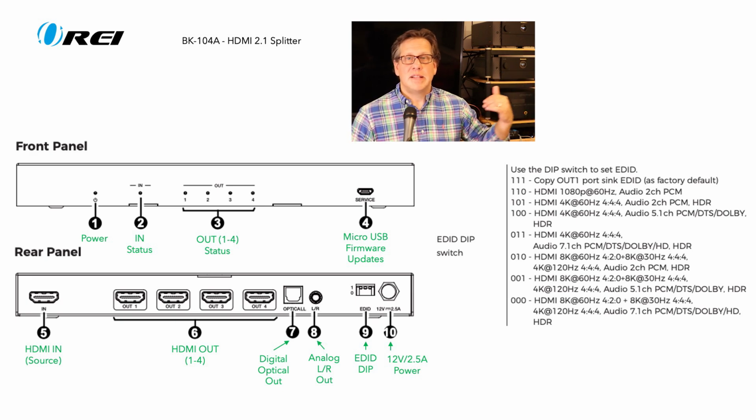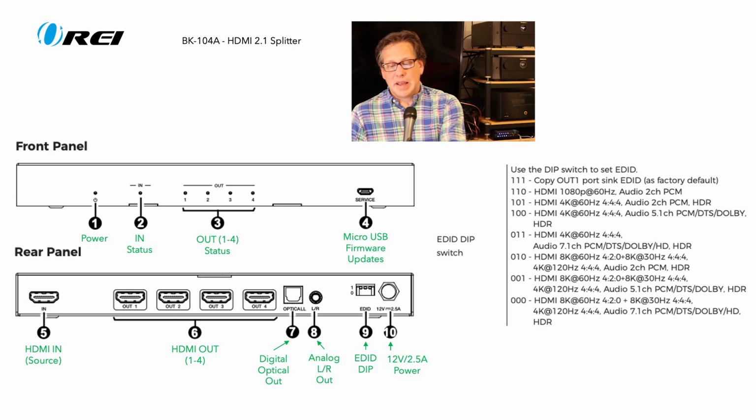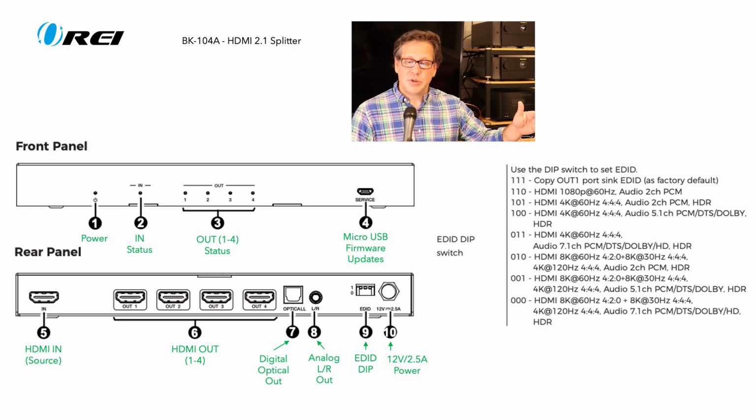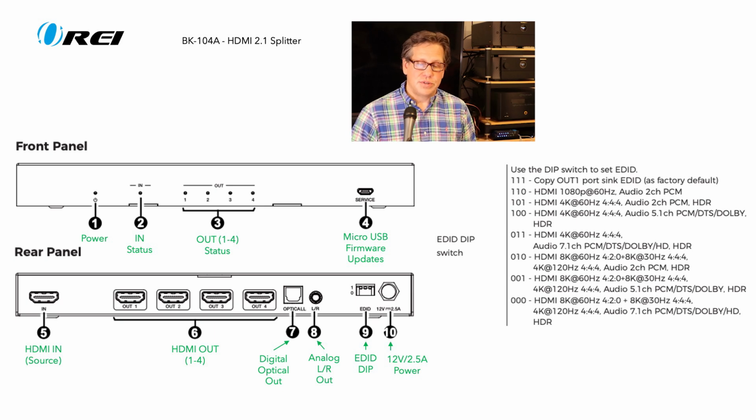So then you have to find the least common denominator out there, and you may have to switch those dip switches to hard set it to a particular resolution and audio output that you desire. So that's something you can do through those dip switches. For me, the default of copying out everything that's on output 1 to the other 3 works just fine.